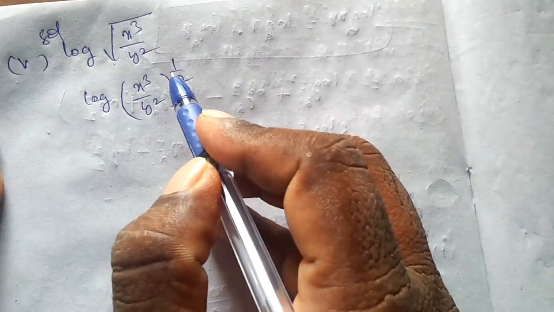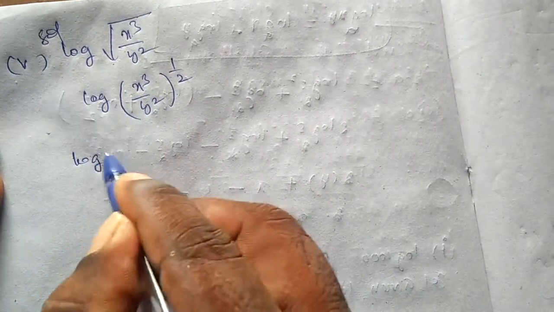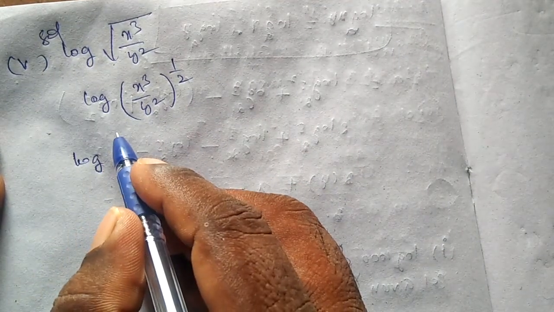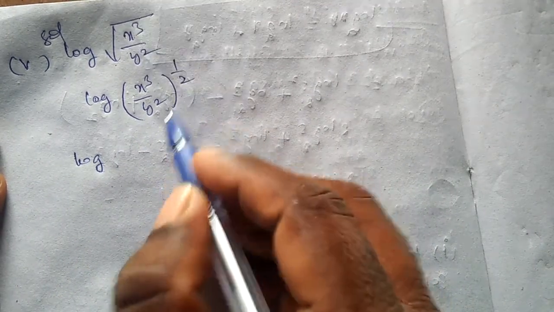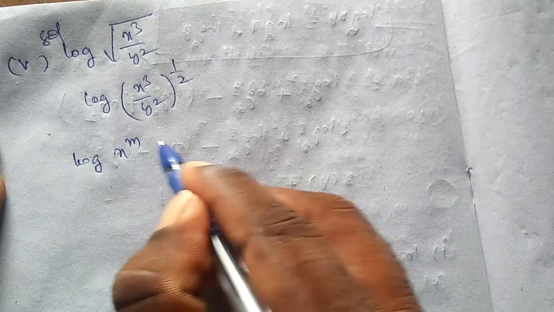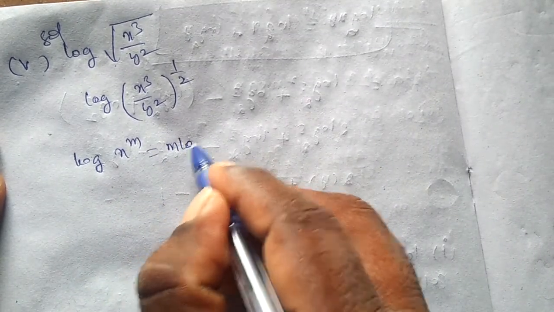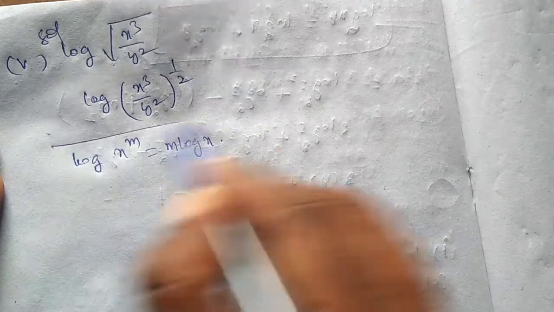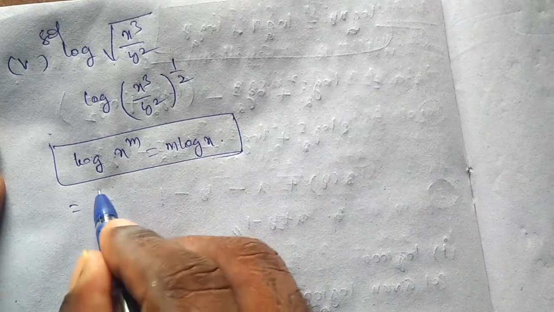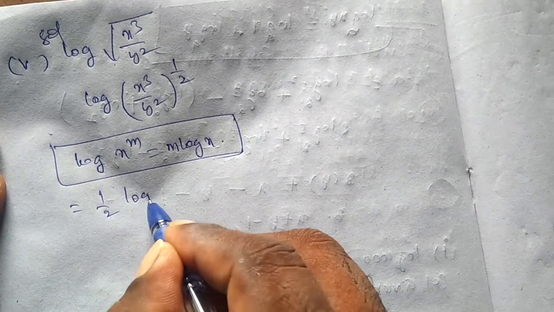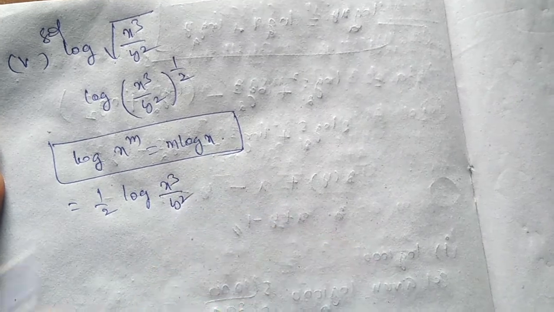Understood? Next I am going to use the formula log x to the power of m is equal to m log x. I applied this formula here, that is equal to 1 by 2 log x cube by y square.